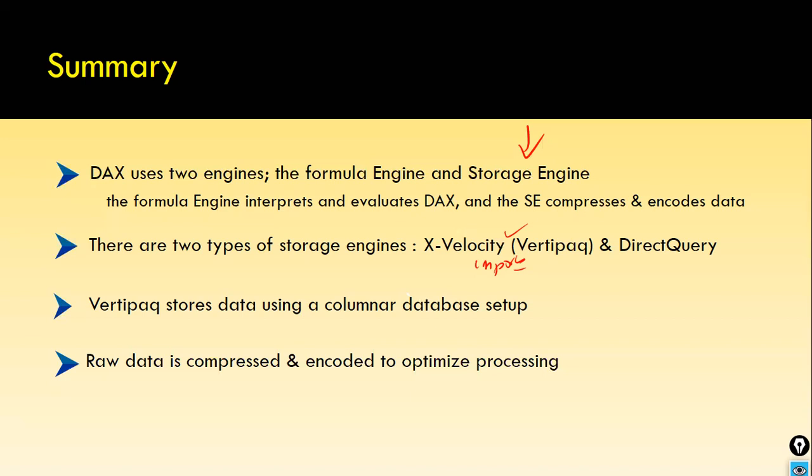For text, it uses hash encoding. In the case of many repeated values, it uses run length encoding. So based on these factors, it decides what kind of encoding should be used. Got it?